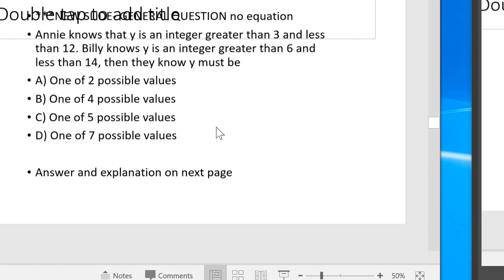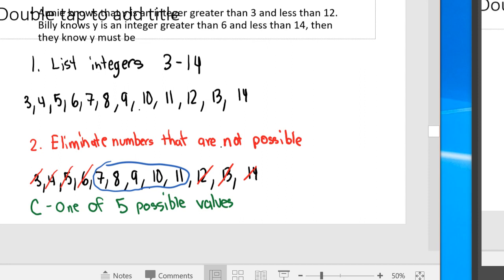This is a pretty simple question. I'm going to have you look at your answer key for this one. What you would do is simply list out your integers: 3, 4, 5, 6, 7, 8, 9, 10, all the way through 14. I know it has to be between 3 and 14, and I'm going to eliminate anything that's not possible.